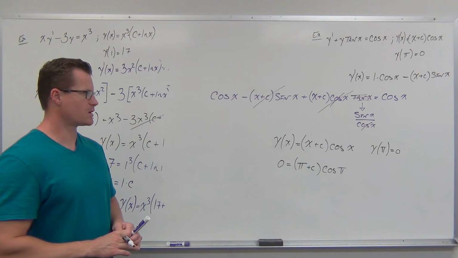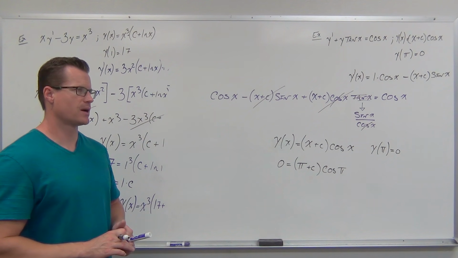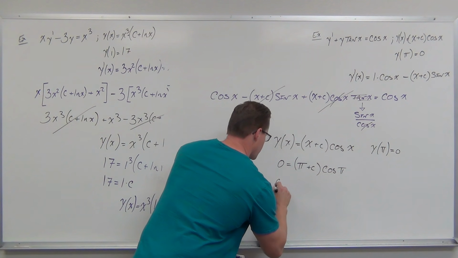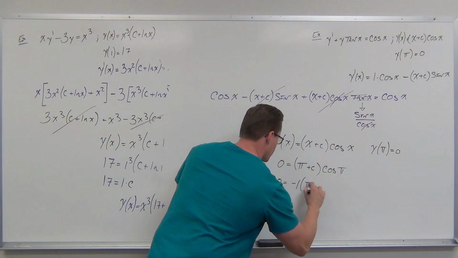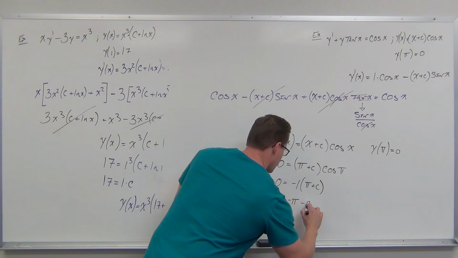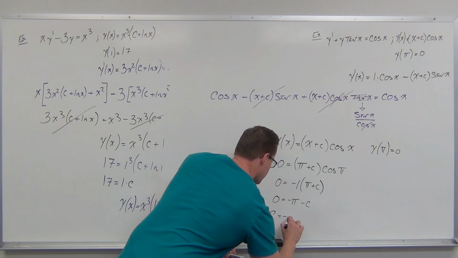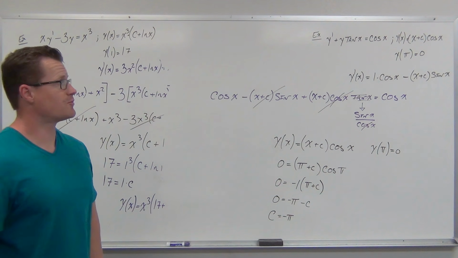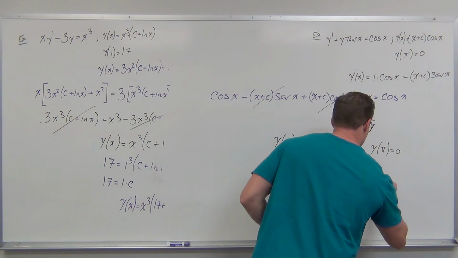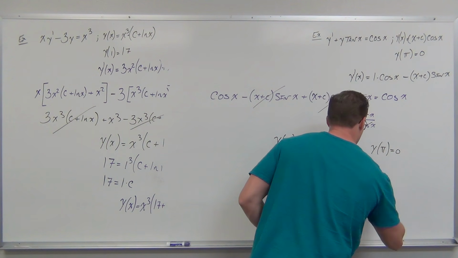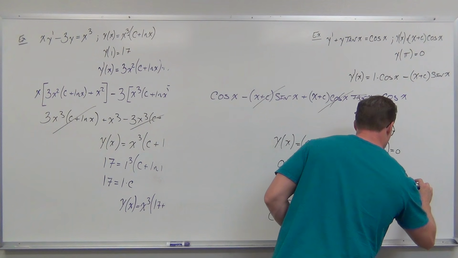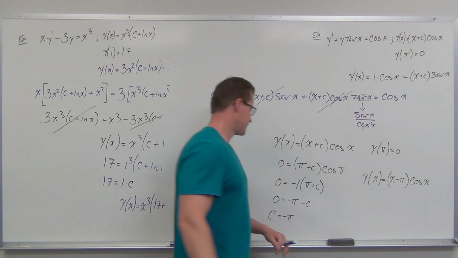Do you remember what cosine of pi is? So sine of pi is 0, cosine of 0 is 1, cosine of pi is negative 1. So if c is negative pi, we can rewrite our general solution with our c.